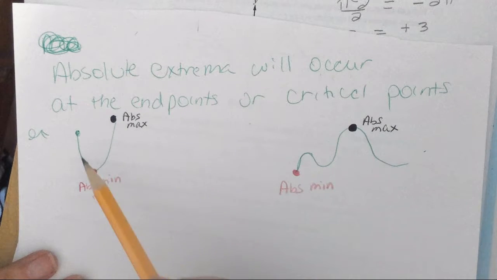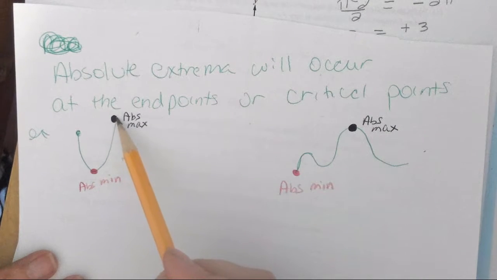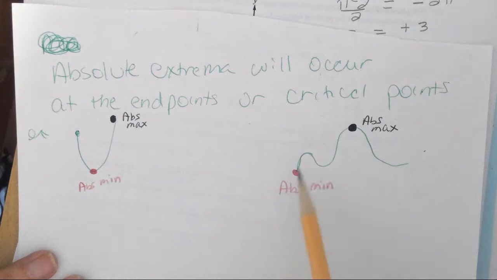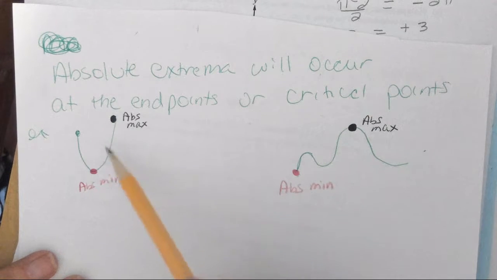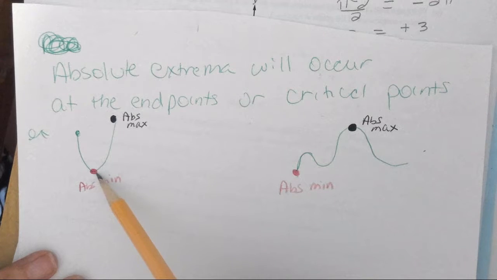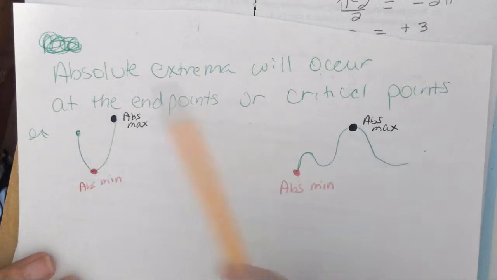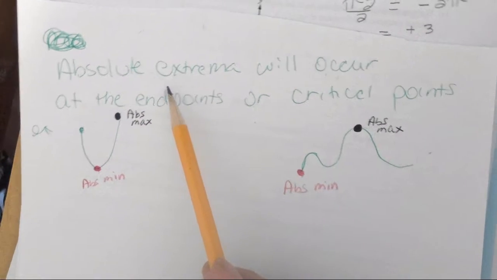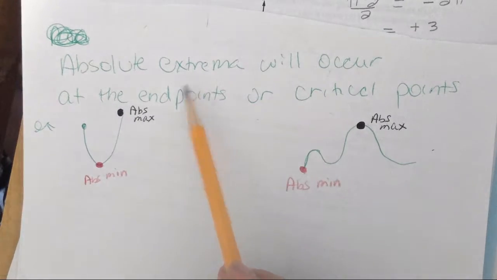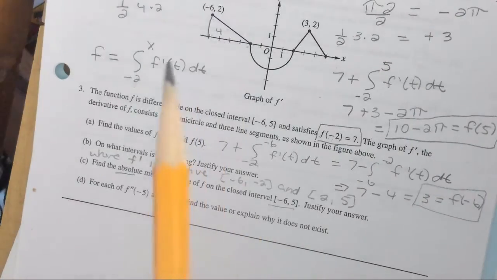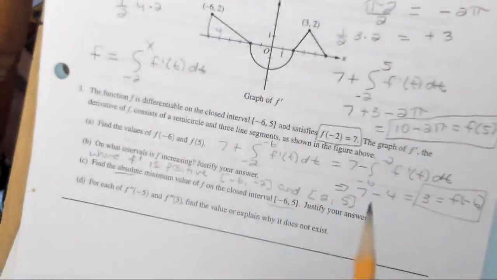So if we have some graph, the highest point here is at my endpoint. The lowest point here is at my endpoint. Or the lowest point could occur here, which is at a critical point. The highest point here happens at a critical point. So this is what we need to look for when we're finding absolute extrema: endpoints and critical points, and seeing which one is the highest or the lowest of these.